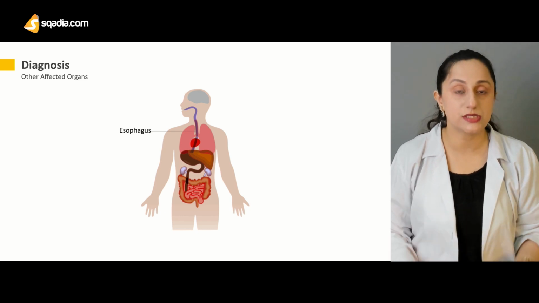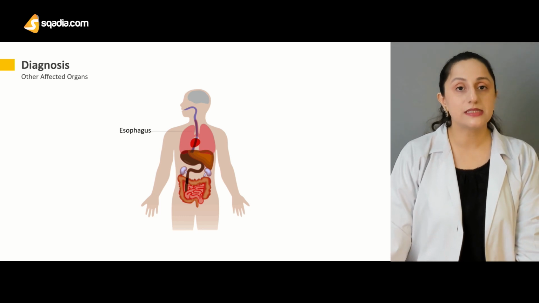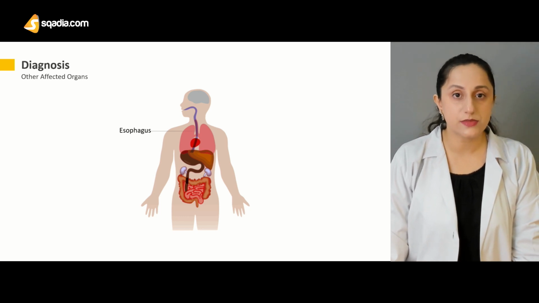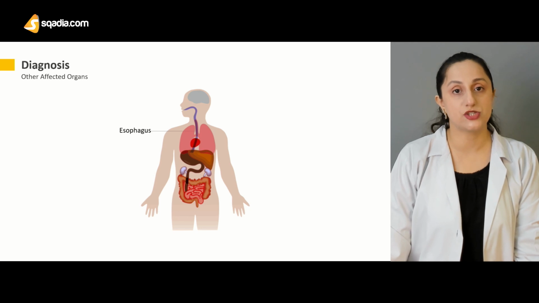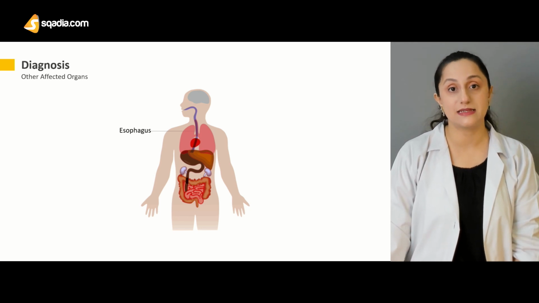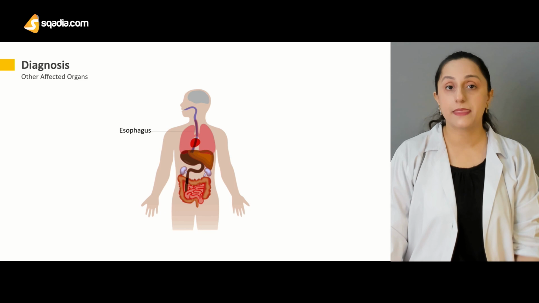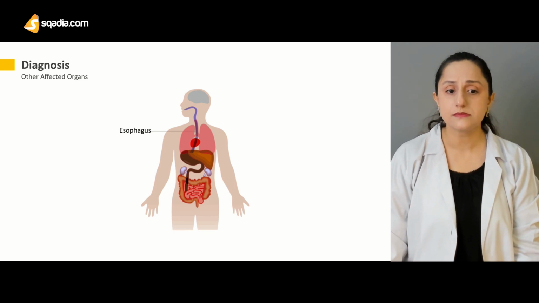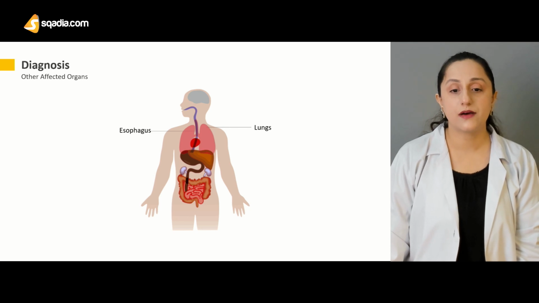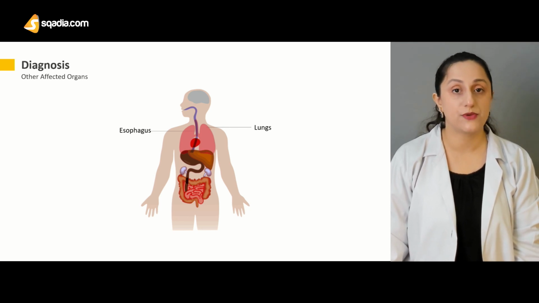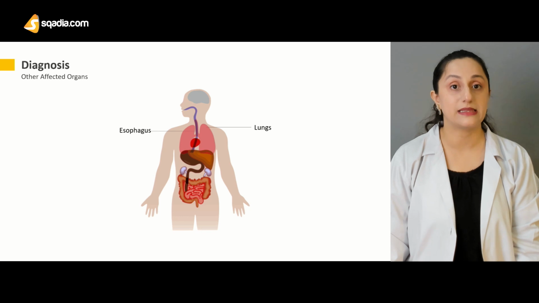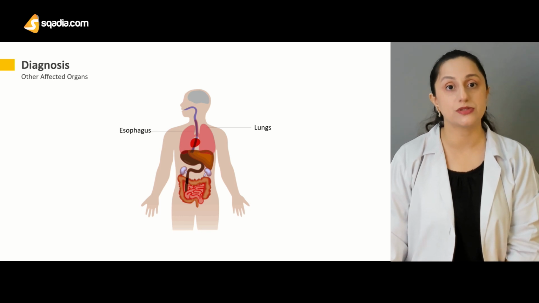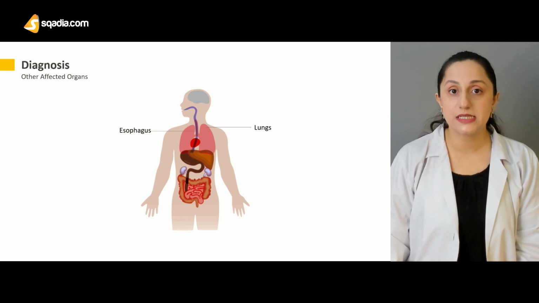So a lot of patients can give you signs and symptoms suggestive of dysphagia rather than the typical signs and symptoms of a polymyalgic condition affecting the upper and lower limbs. And then the lungs can be affected, the respiratory muscles can be affected, and that is going to result in a dyspneic condition, that is, difficulty in breathing.